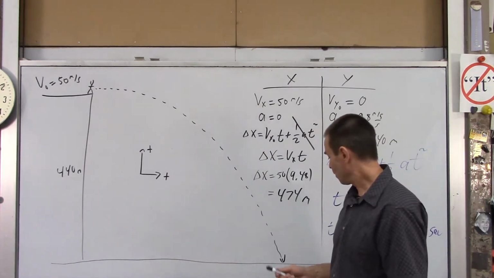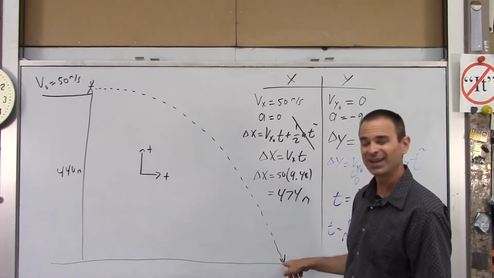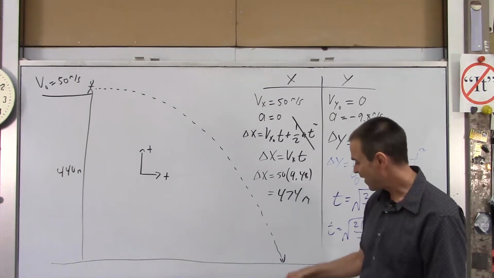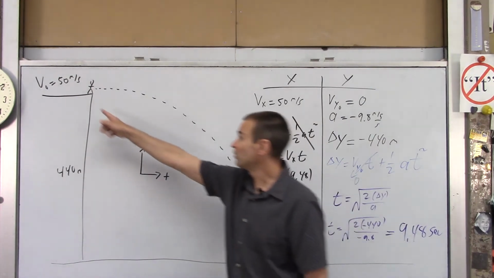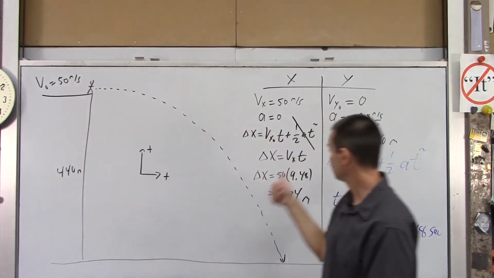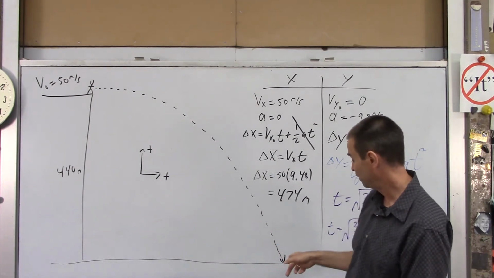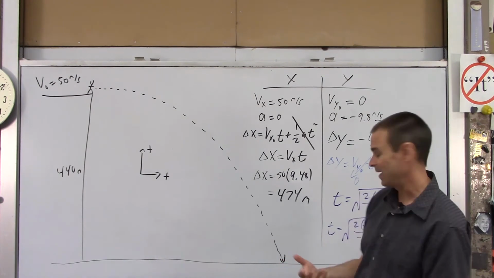All right, now, what about the impact velocity? Well, at this moment, when it's striking the ground, we need to know how fast it's going horizontally and how fast it's going vertically. Well, one of those two you already know. The horizontal velocity never changes because there's no acceleration in the horizontal direction. So Vx is going to be 50 meters per second. We do need to find Vy.